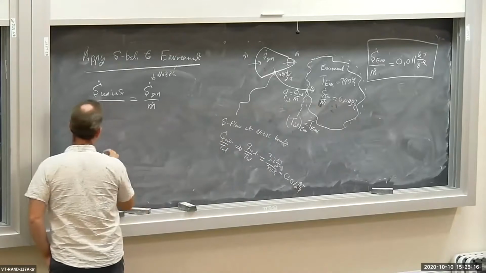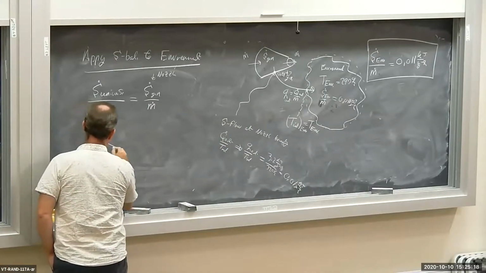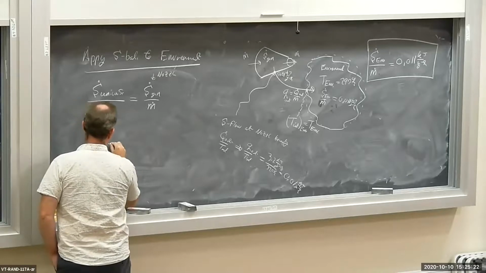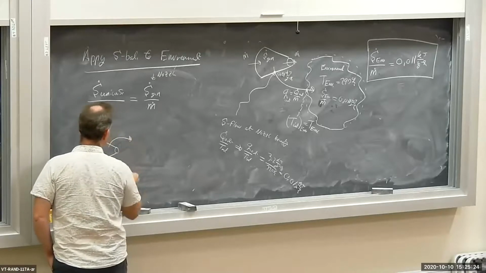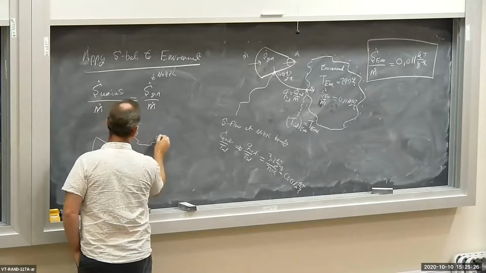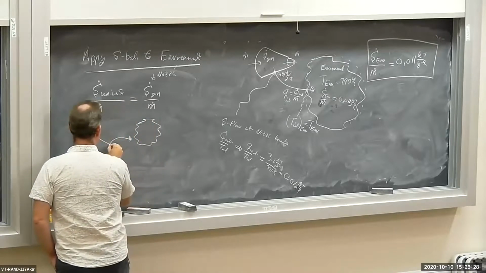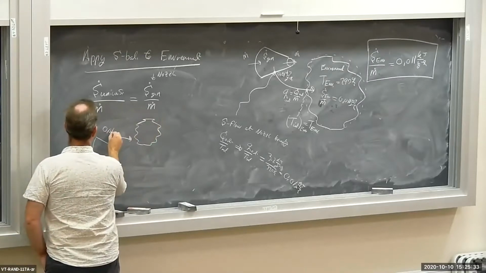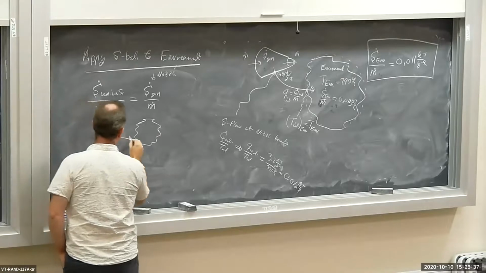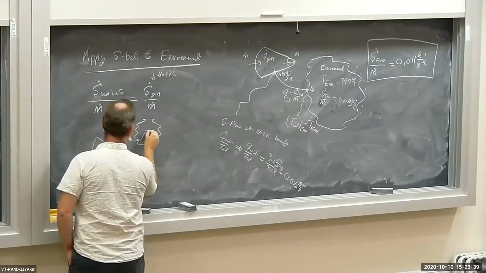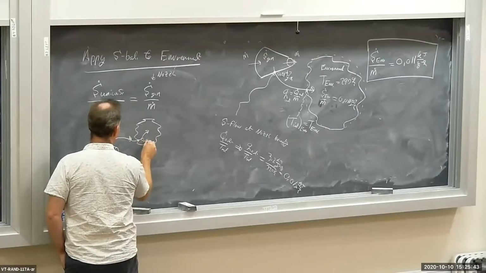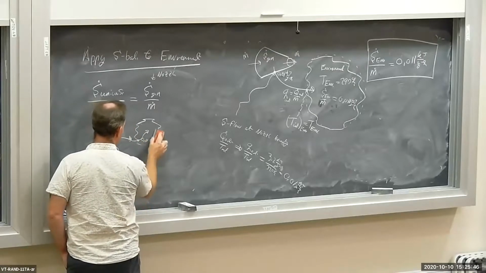So here we have our nozzle, and it's transferring heat to the environment. I know the transfer of entropy at the surface of my nozzle is 0.01 kilojoule per kilogram Kelvin. And I know the transfer of entropy into my environment is 0.011.